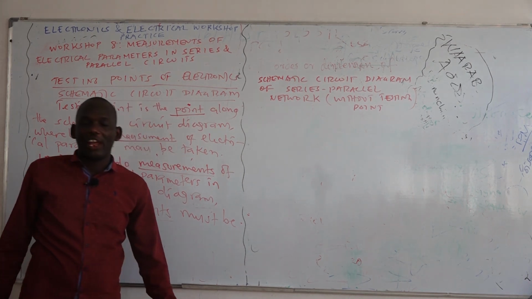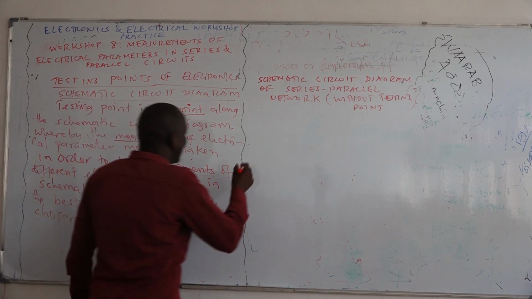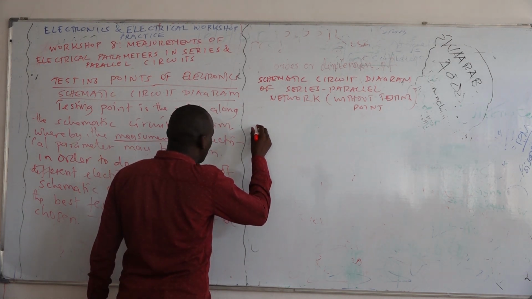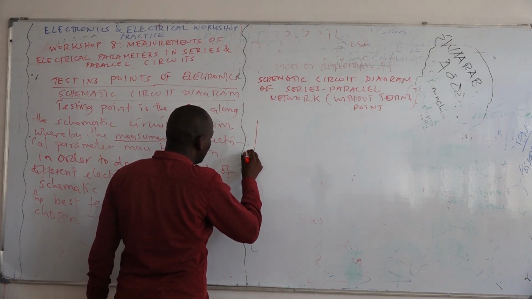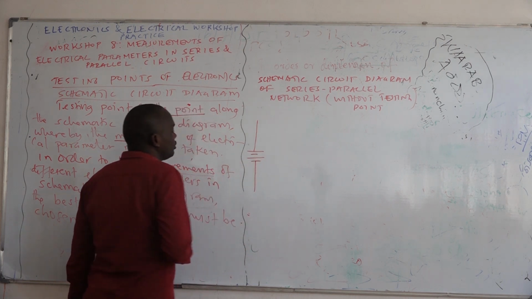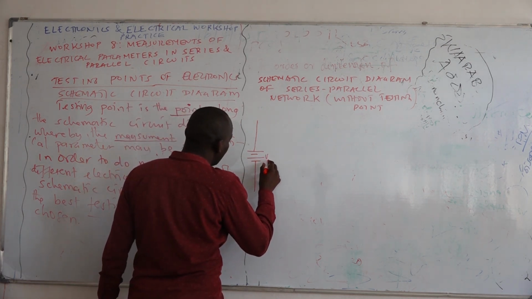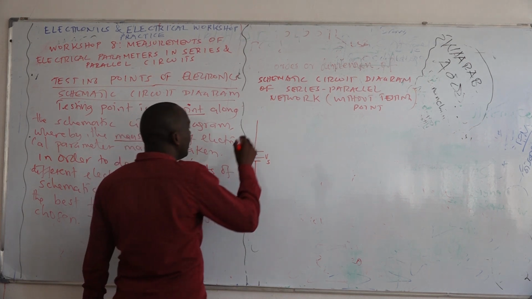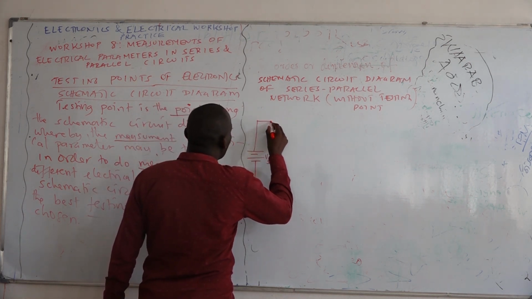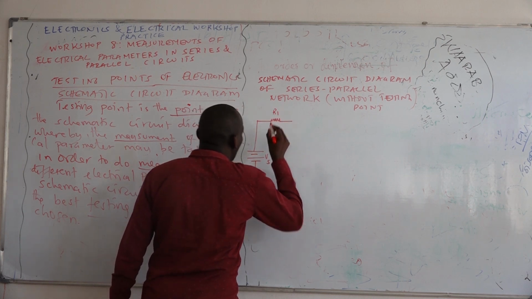Remember that in electronics, electrical circuits need power in order to work. That's what you have to think. So let us start with the simplest schematic circuit diagram. Here we are going to have, let's say, a supply voltage. Then here we are going to have a resistor, which we call R1.